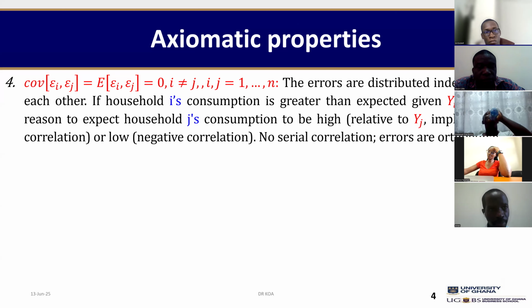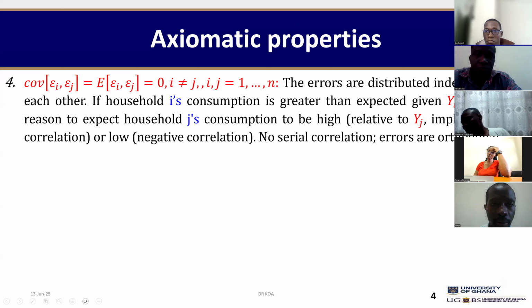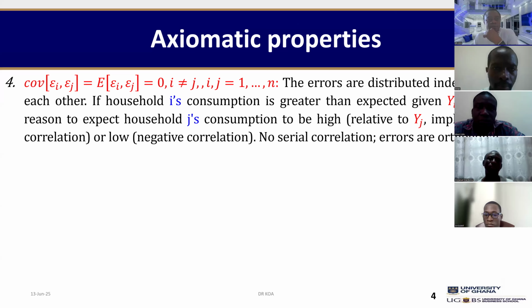I think we are looking at the individual error against the estimated error. Not exactly. What is the difference between error I and error J?